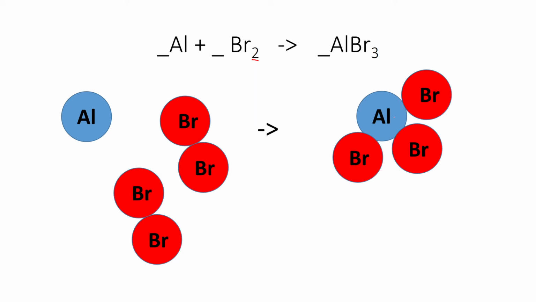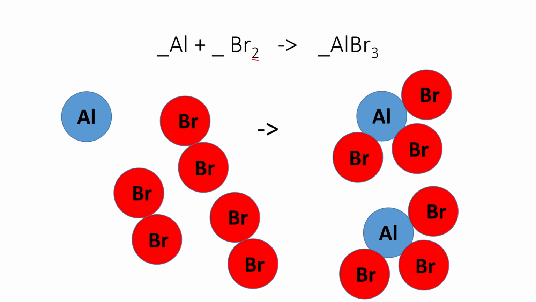If I try to add another one of these on the right, it has to come in 3 at a time. So I'm going to add another pair here, and it gives me 1, 2, 3, 4, 5, 6 bromines on the left. So I've got 6 on the left and 3 on the right, but they come 3 attached to an aluminium.